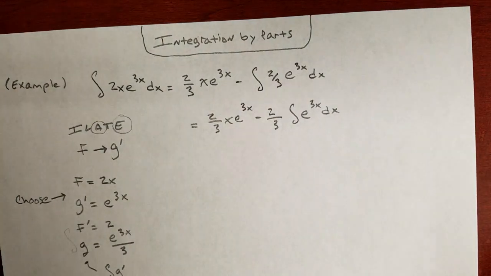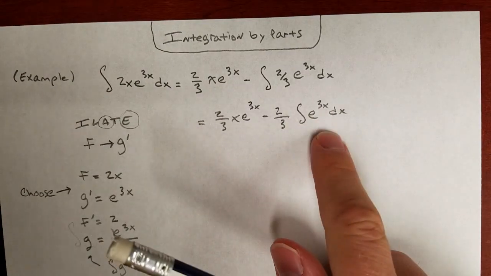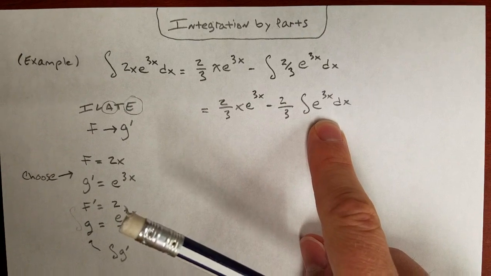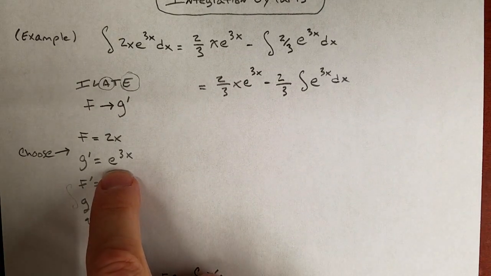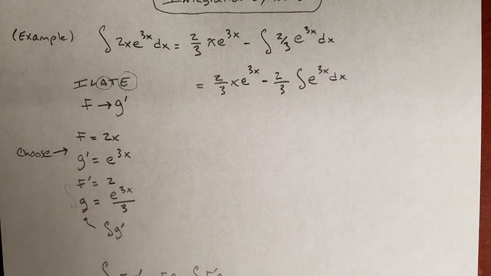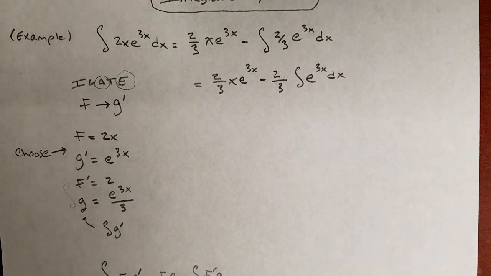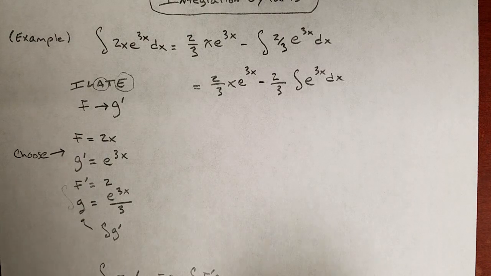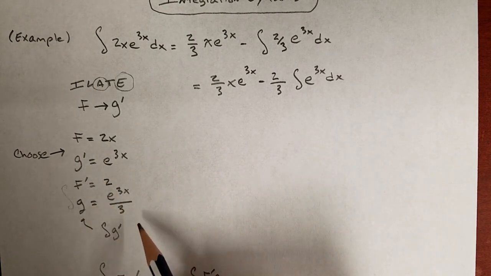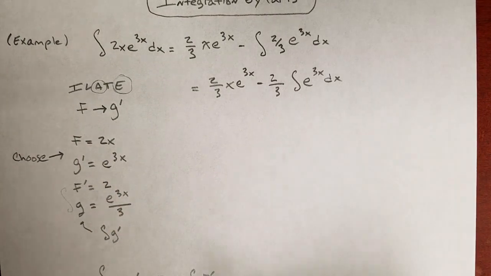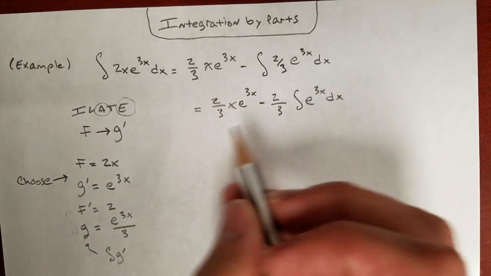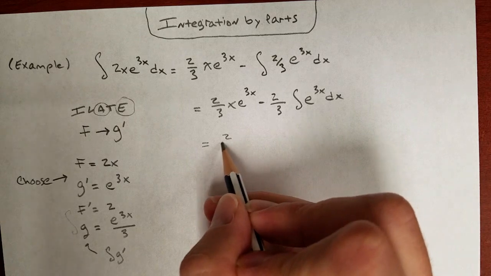You could finish this if you knew the antiderivative of e to the 3x. What's the antiderivative of e to the 3x? It's e to the 3x over 3, by u substitution. So it's going to be 2/3 times the answer to this, and we'll get a final answer at that point.